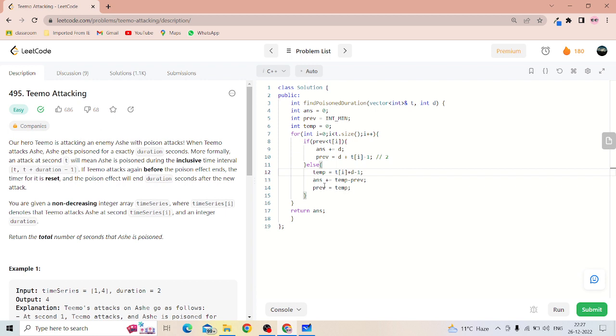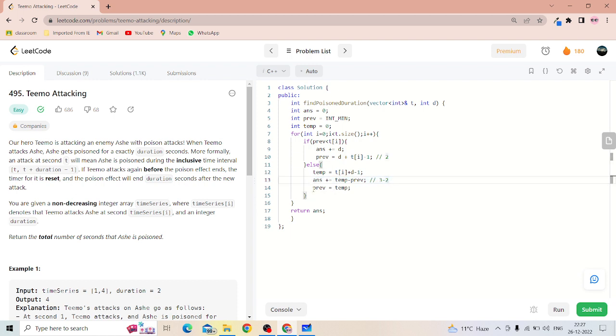And we are simply subtracting this previous from temp. This we have found previously, 2 is found previously. So now what we are doing, we are doing 3 minus 2, and we are adding this to the answer.